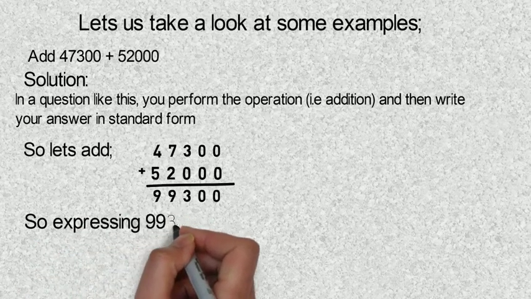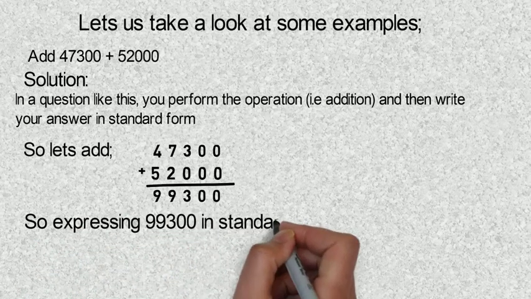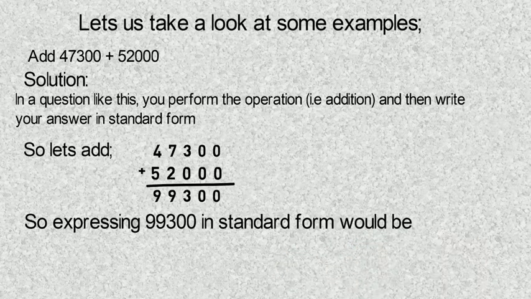So expressing 99,300 in standard form would be, like we learnt in our first video, that in this case, you always assume the decimal point is to the far right, after the last 0.